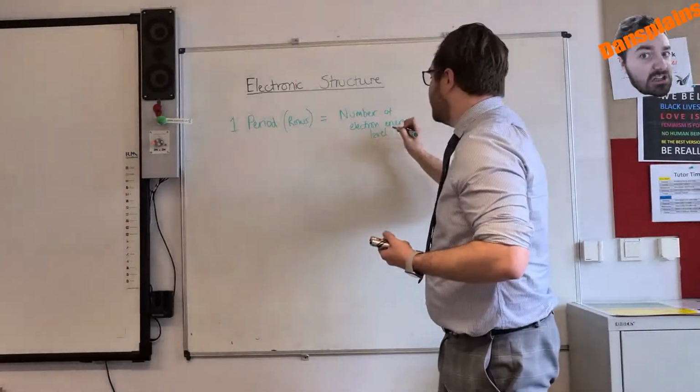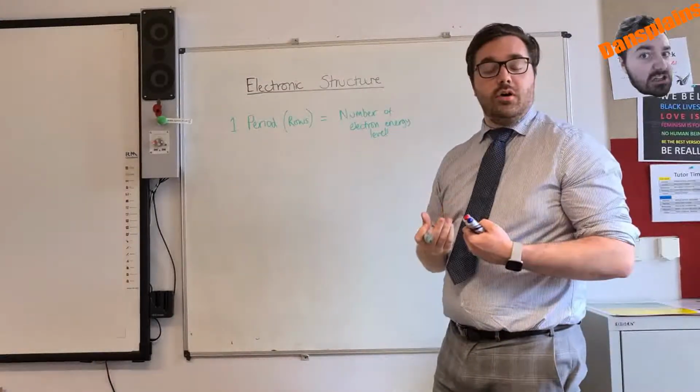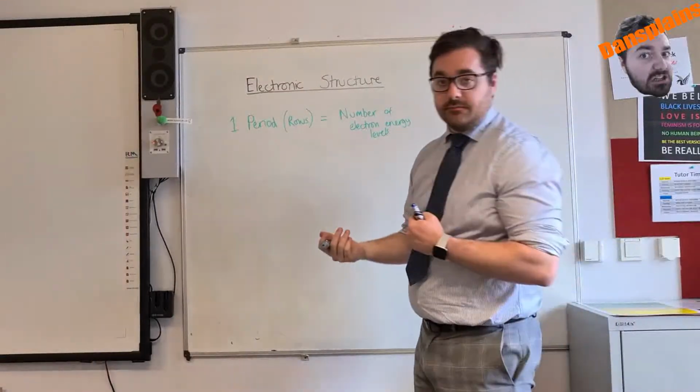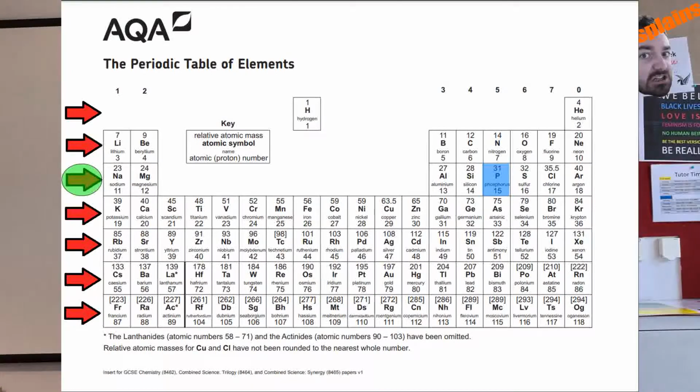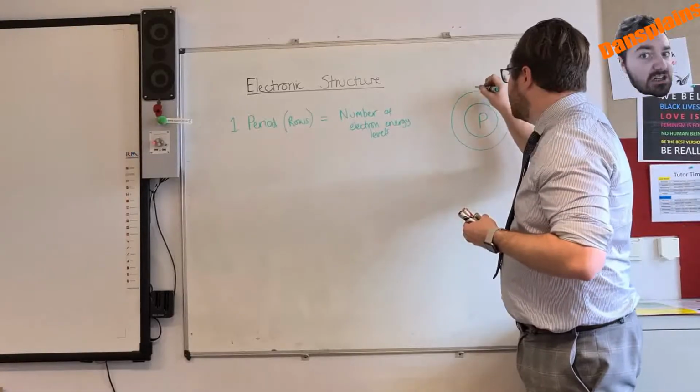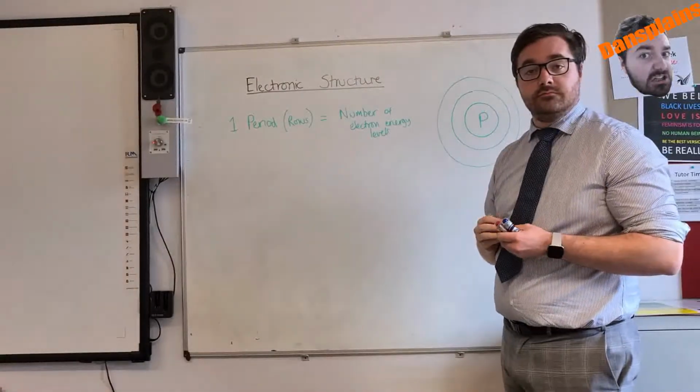Now, if I'm going to use an example, I'll use the example of phosphorus, P. Okay, phosphorus is in period 3. That means it has 1, 2, 3 energy levels.